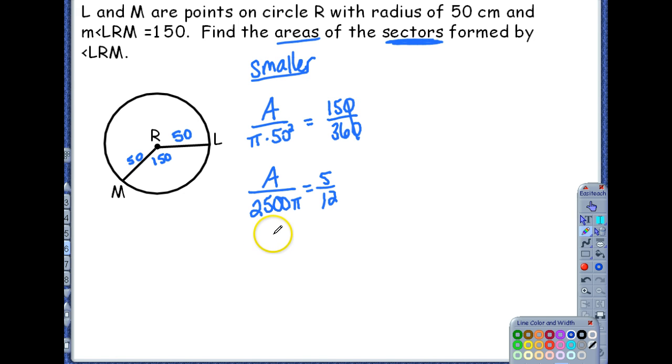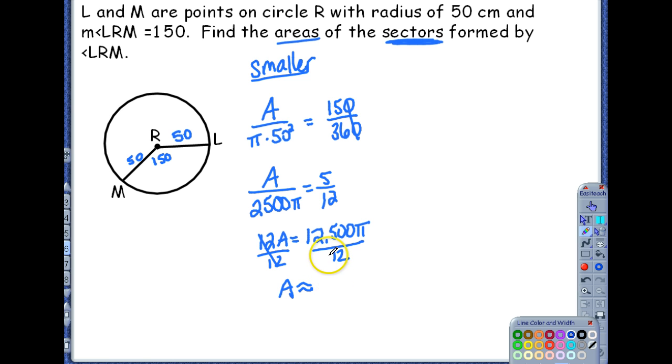So cross multiply, so it's going to be 12A equals 12,500 pi. And then you're going to divide each side by 12. Now, because it has centimeters, I'm just going to go ahead and get the rounded answer. Sounds good.